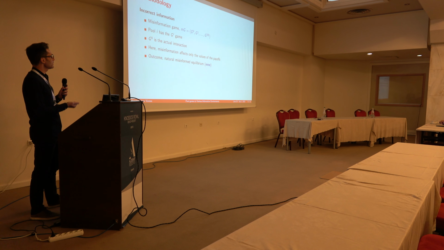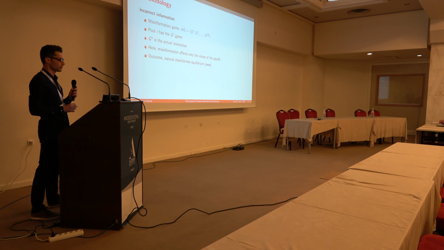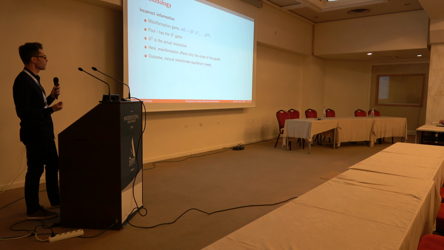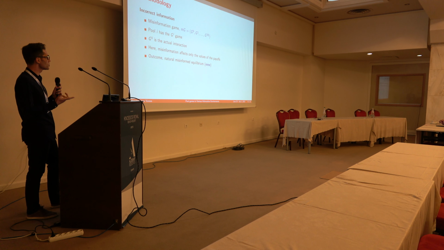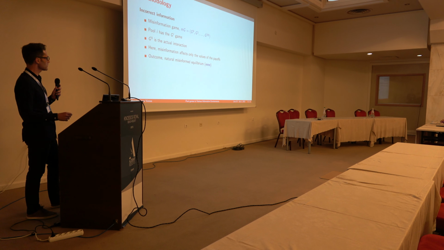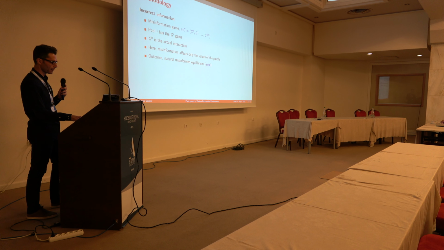In our study, the misinformation affects only the values of the payoffs, and the outcome is the Nash misinformed equilibrium concept, which in a nutshell is a joint decision where each pool derives its choices according to its own view. These individual choices are then agglomerated and create this Nash misinformed equilibrium concept.